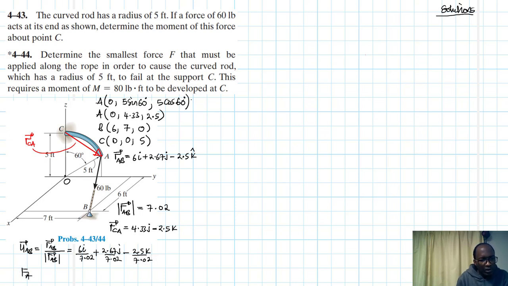Therefore, the force vector AB is going to be equal to the magnitude force AB times the unit vector AB, and this is equal to 60 times 6i plus 2.67j minus 2.5k divided by 7.02.